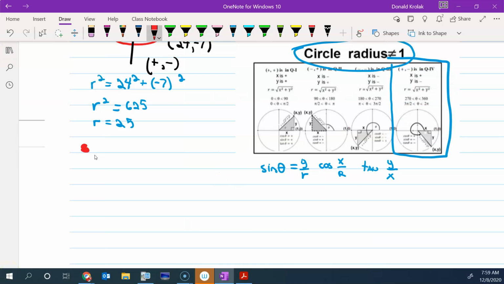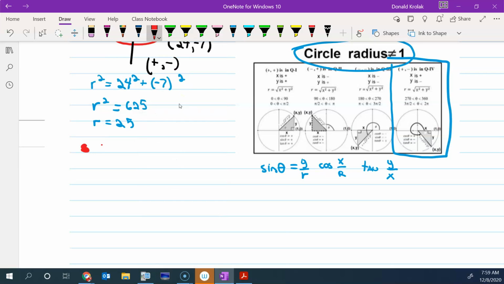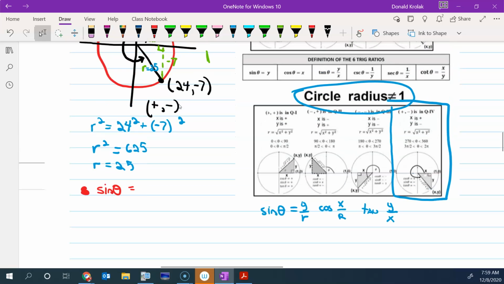All right, so sine theta is going to be the y coordinate, which is -7 over the hypotenuse. So -7 over 25. Cosine is x over r.